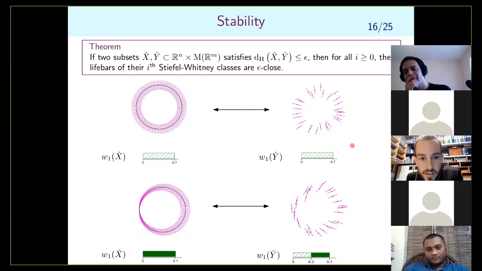In this example, for instance, the life bar actually does not go from 0 to 0.7. It goes from 0 to 0.65 because I have also noise in the matrix space. But I wouldn't want to compare these end values. I prefer just to compare this value here. Okay.